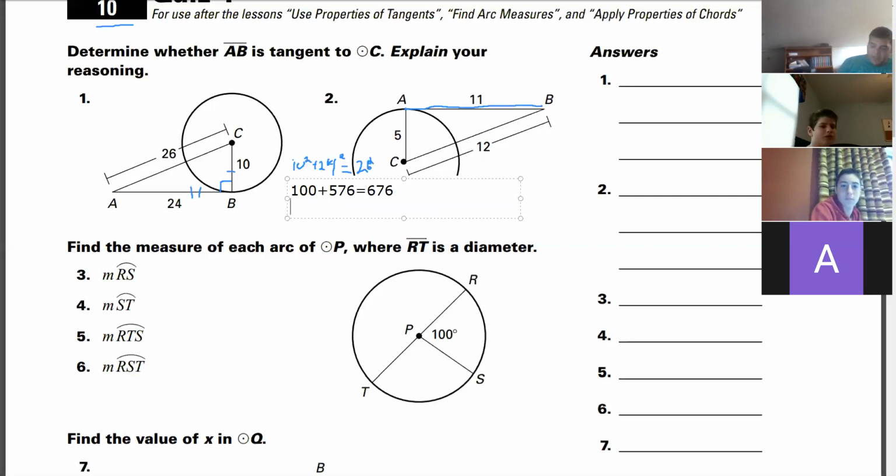So the left side, we added together, which also is 676. So it does equal 676. It is a right angle. Because it's a right angle, we can say that this line AB is a tangent. So for number one, line AB is a tangent.